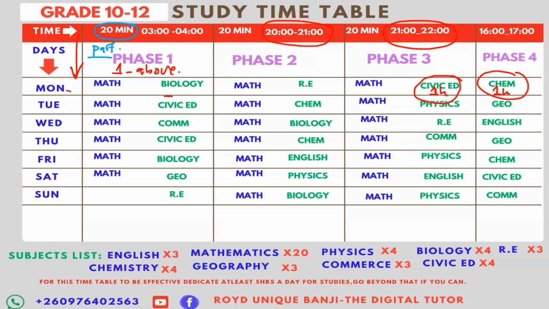Then you start studying. The reason you do mathematics before any subject is that sometimes your mind tends to be occupied. So to bring your mind into focus, you do some calculations, then you start studying.